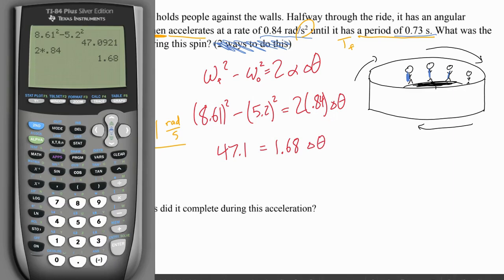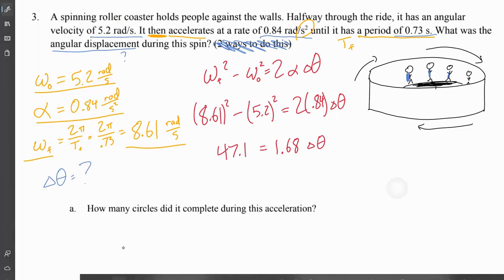All right, so then divide both sides by 1.68. So 47.1 over 1.68. Here we go, 28.0. Delta theta equals 28.0 radians. All right. Nice. There we go. One last part.